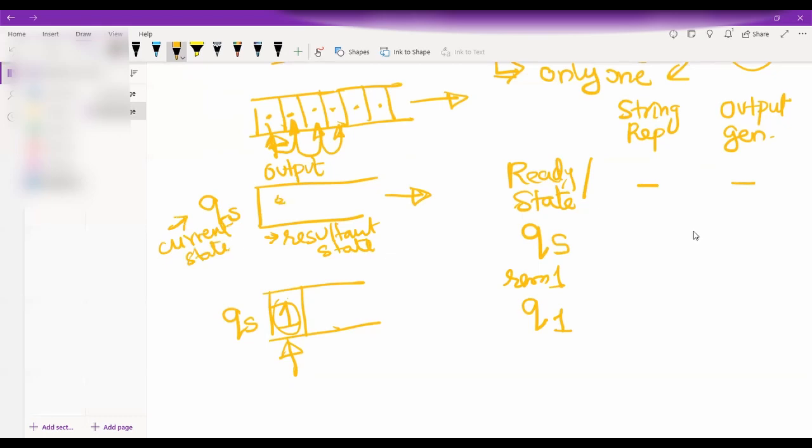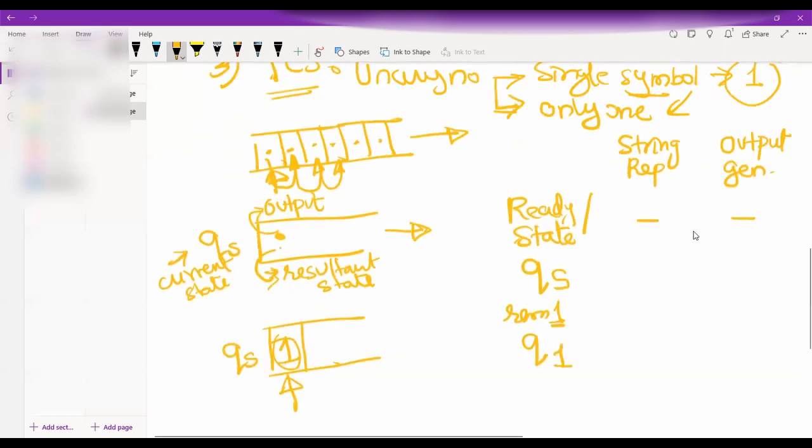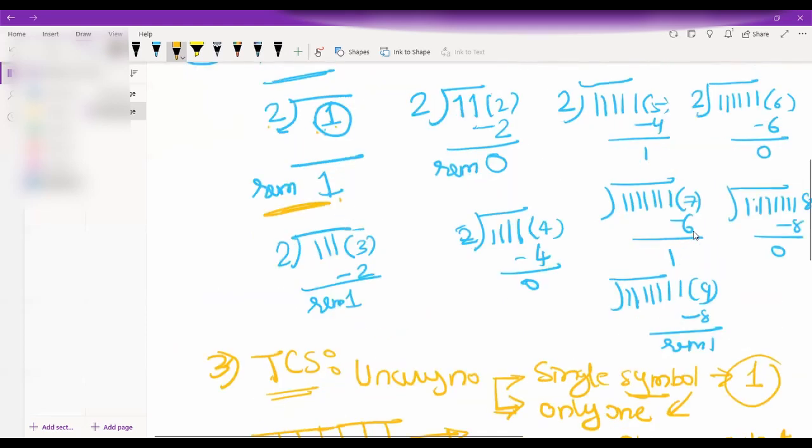And after reading any symbol, what kind of output is generated because of this input, and what will be the resulting state. So in this case, when we have considered bit 1, this bit 1 is representing remainder 1. What was the output that was generated after taking the number 1? The output that was generated was number 1.